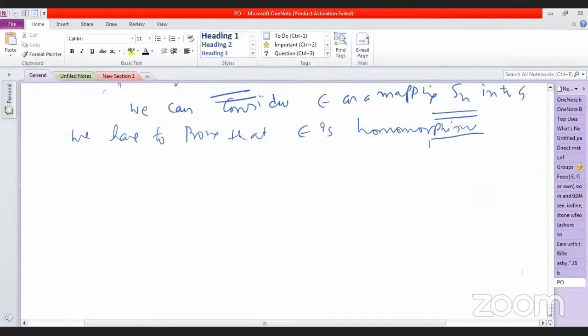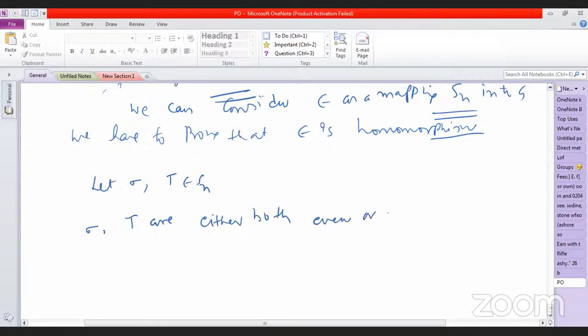Take sigma, tau belongs to Sn. We have to take sigma and tau either both even or both odd permutations, then sigma tau is an even permutation.